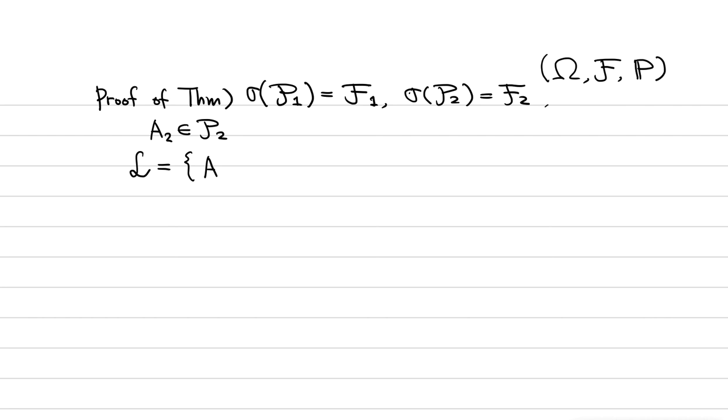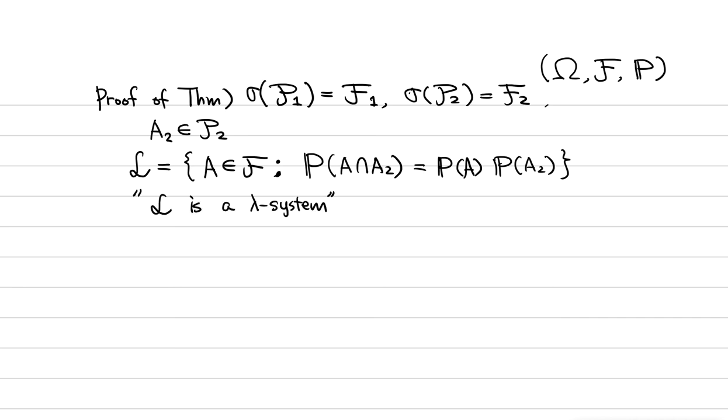So we find all the events A which are elements of F, such that A is independent of A2, which means this equation: the probability of A intersection A2 is equal to the product of the probability of A and the probability of A2.